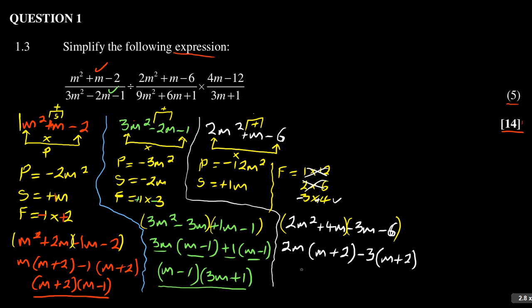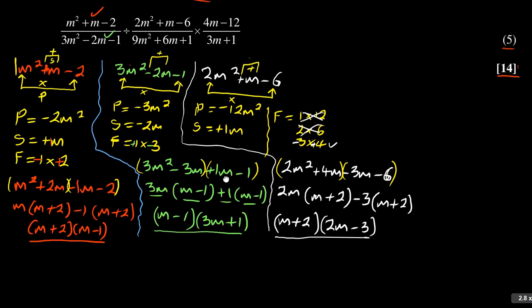So what is in the bracket is m plus 2, and outside the bracket I have 2m minus 3. So again, we have managed to factorize that, and we can now look at the last part.